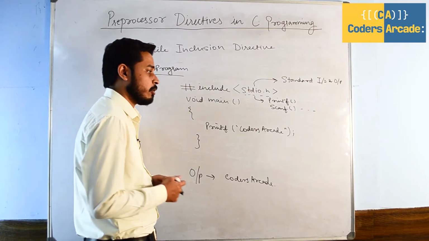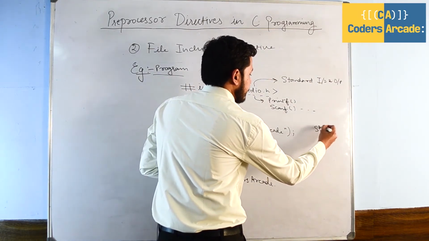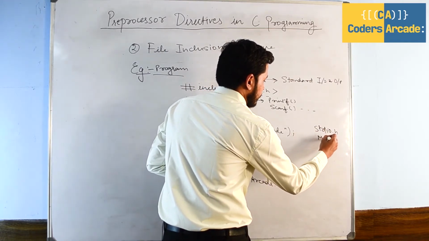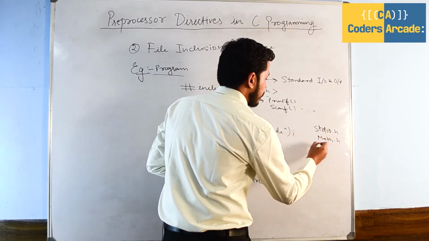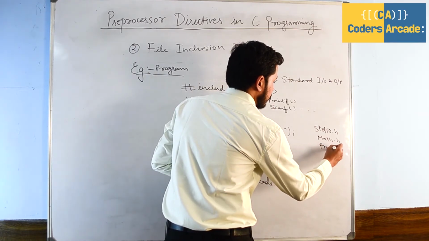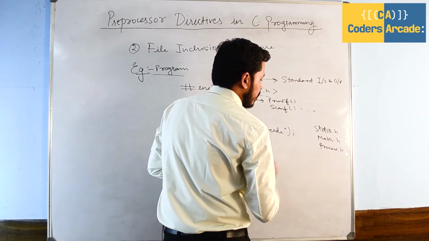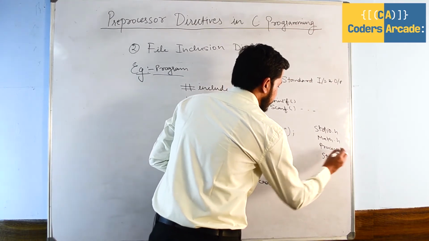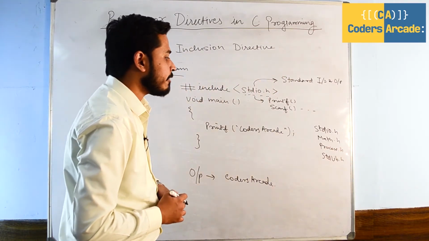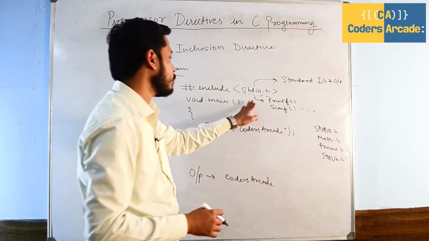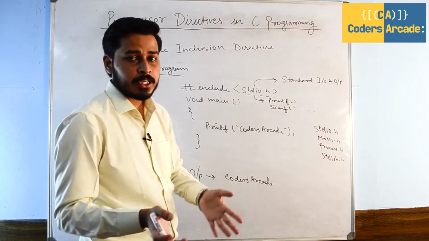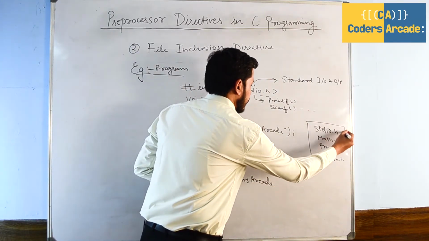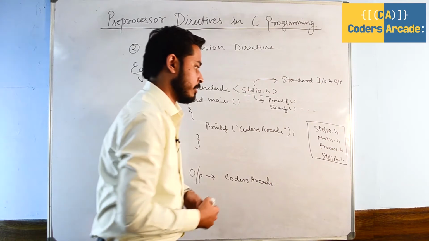As I have told you before, stdio.h is one, math.h is another, process.h is another, stdlib.h is another. So these are the various different files that you can include according to your program requirement. So these are the standard header files.